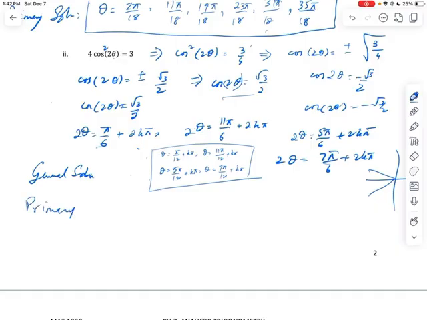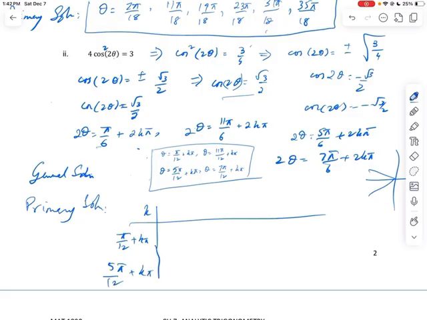So how many will there be? Well, I told you earlier, 4 plus 4, 8. So we are taking 3. What are the k values I will take? We have pi over 12 plus k pi, and then the other one is 5 pi over 12 plus k pi.